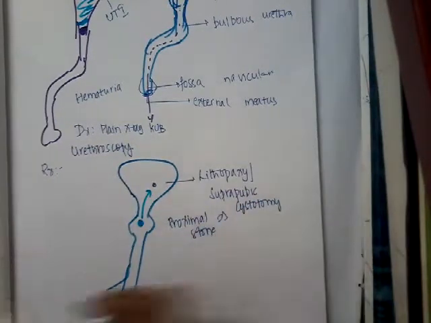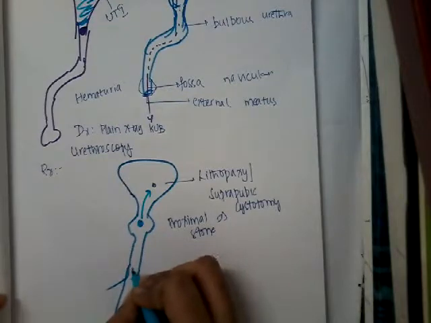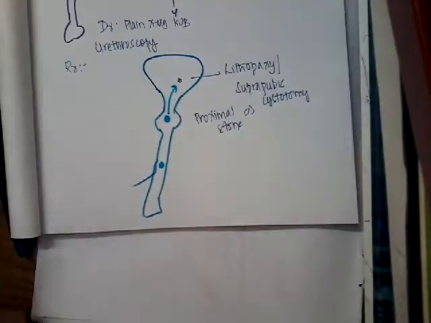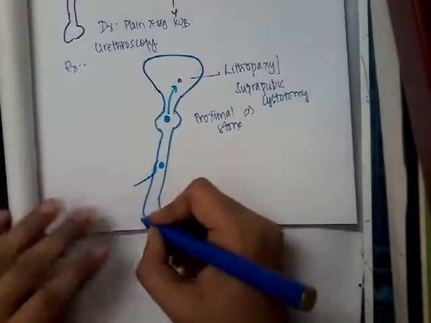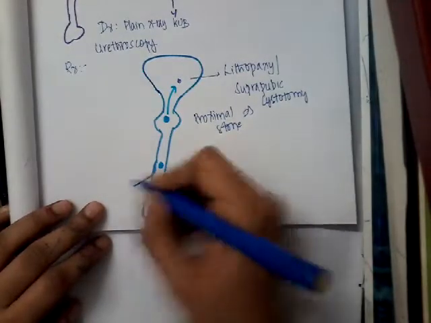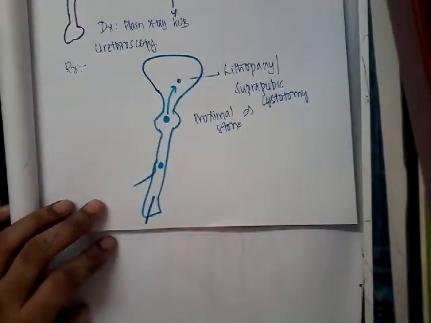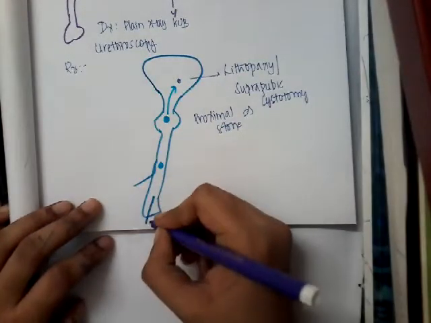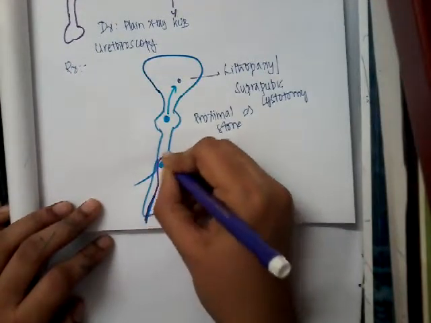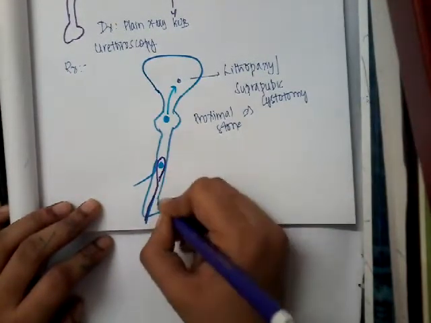If the stone is in the distal part, you can pass a basket called a Dormia basket, and with the help of the Dormia basket you can hold the stone and bring it out.